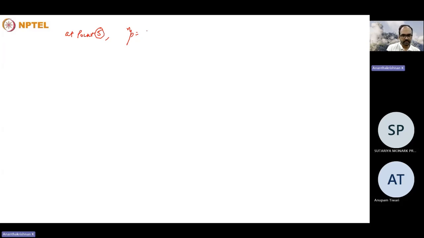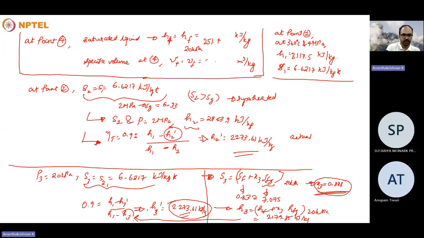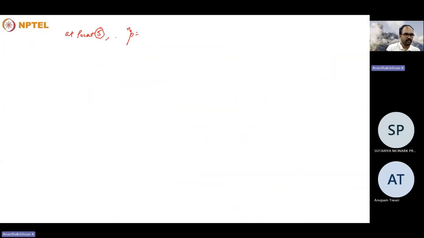We need to calculate H5 based on the specific volume at this particular point, that is 0.001017 meter cube per kg. For an ideal pump, v into delta P, the specific volume times delta P, will be equal to H5 minus H4. So from here we can calculate the value of H5.